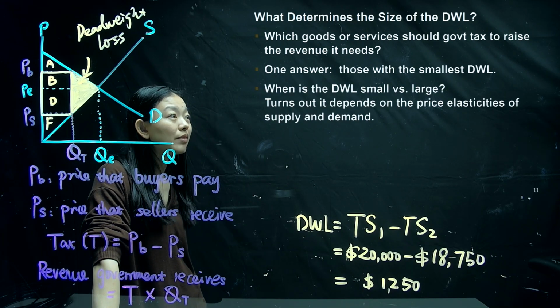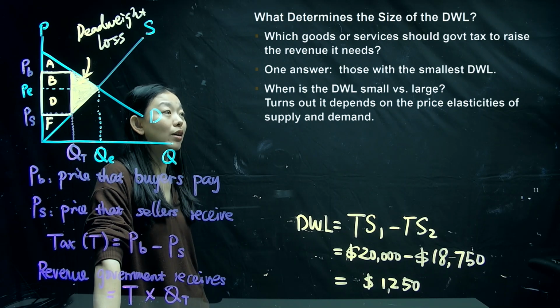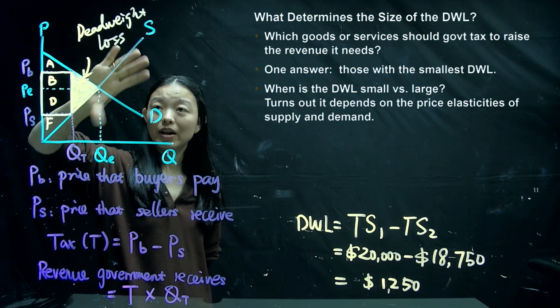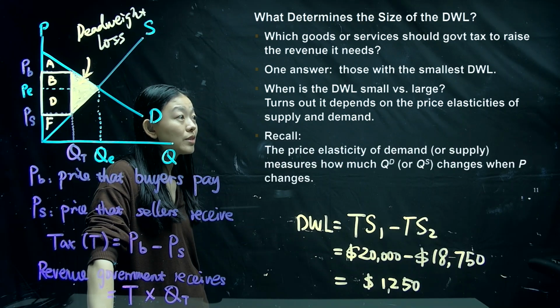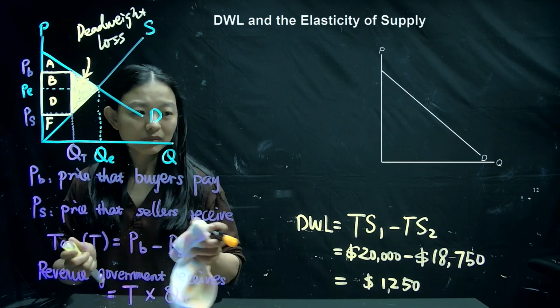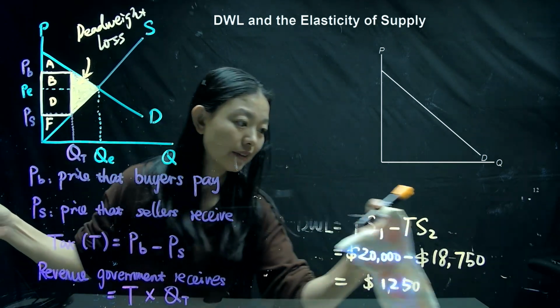And when is the deadweight loss small or large? It depends on the shape of the demand curve and supply curve. I will show you later. Okay, so let's see the deadweight loss and the elasticity of supply.